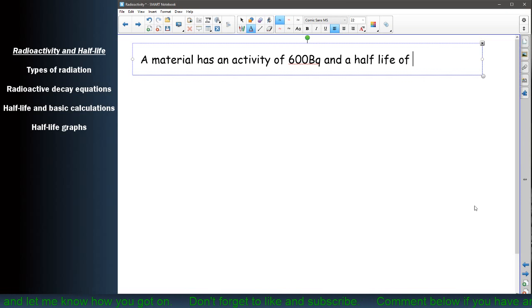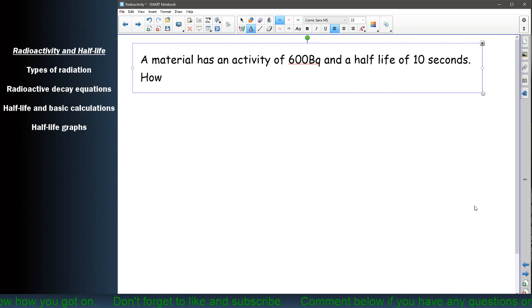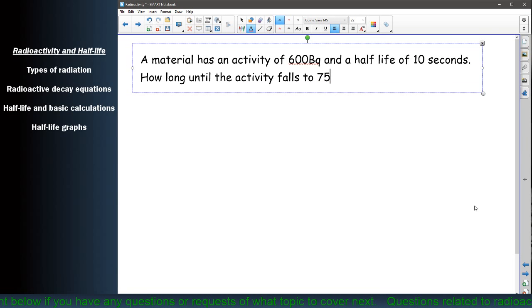So a half-life of, let's just do 10 seconds, keep life easy. How long until the activity falls to, let's do 75 becquerels. That'll be a small q.